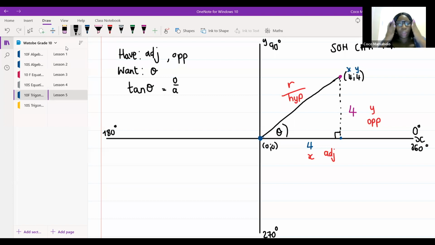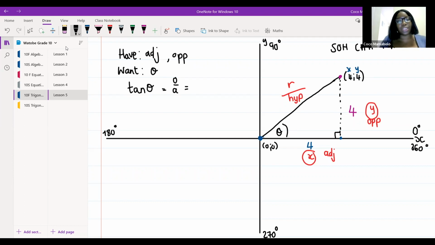But I want us to add on to this. Shifaro, we're going to explain in just a little bit. Tan of theta is not just opposite over adjacent. Tan of theta is y over x, because it's the number on my y-axis divided by the number on my x-axis.